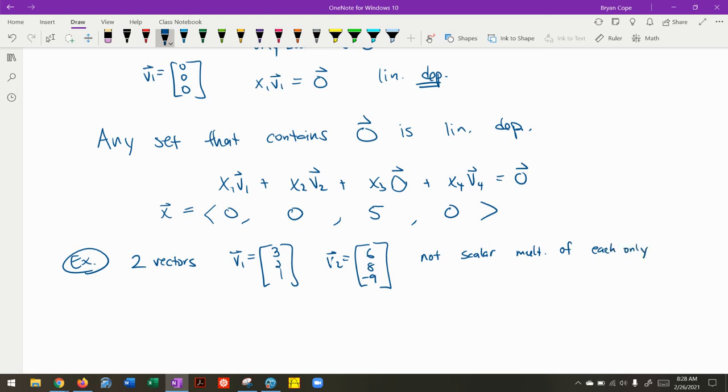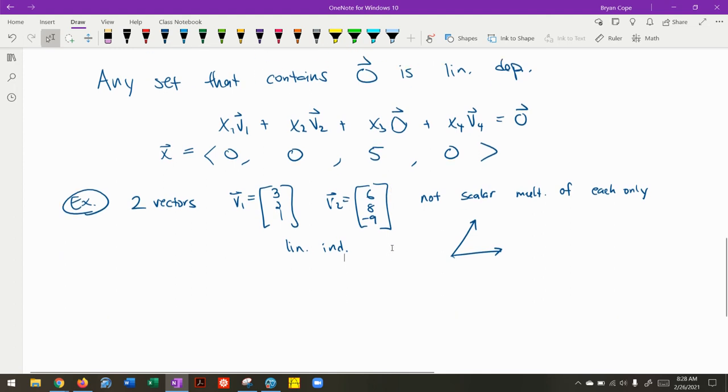Therefore, in space, they're going to look something like this, and this set is linearly independent. A set of 2 vectors is always going to be linearly independent unless the 2 vectors are scalar multiples of each other, or unless one vector is a scalar multiple of the other one. You might wonder, how could one vector be a scalar multiple of the other, but not the reverse? That would be if one of them is the 0 vector. So 2 vectors are going to be linearly independent unless the vectors are scalar multiples.